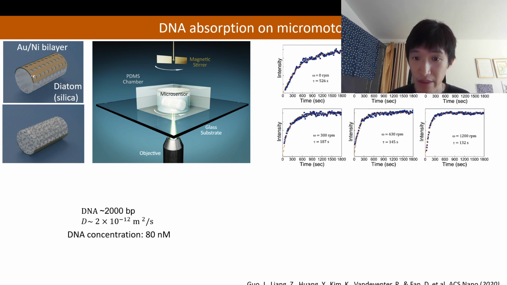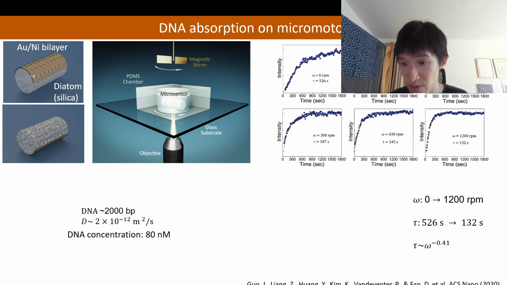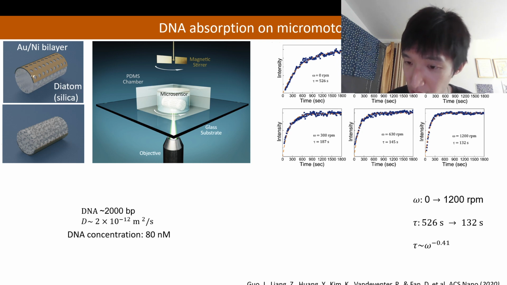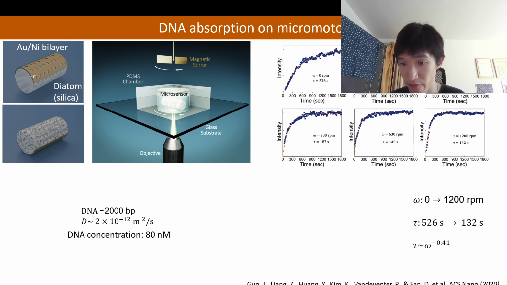And we figured out that at different rotation speeds, the absorption rate of the DNA molecule to our microsensor dramatically changed. When we increase the speed from 0 to 1200 RPM, the characteristic absorption time decreased from 500 seconds to about 100 seconds, which drops about 4 times.